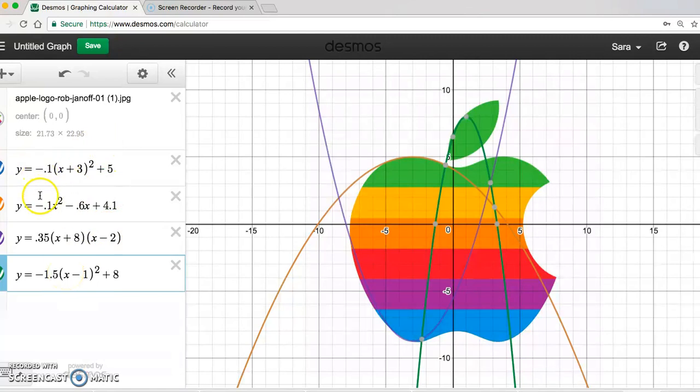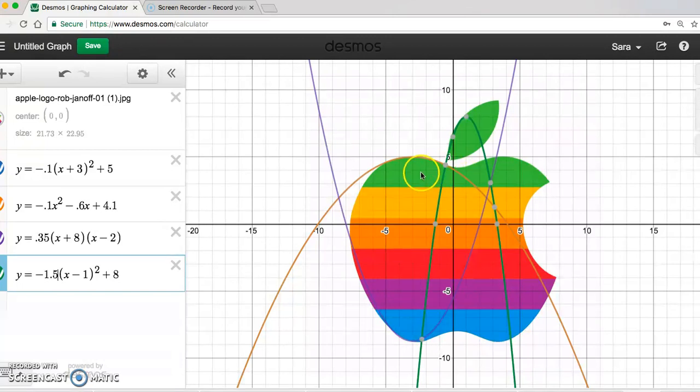Ones that open both down and up, ones that were wider than the parent, and then also one that's narrower than the parent. And so on my paper, I would grid out probably a 10 by 10 each way. So with the x-axis, negative 10 to positive 10. If you look at some of the examples, you can see that some of them are 1 inch and some of them are centimeter.